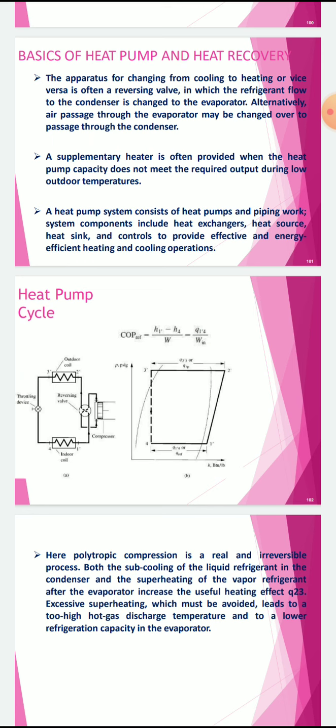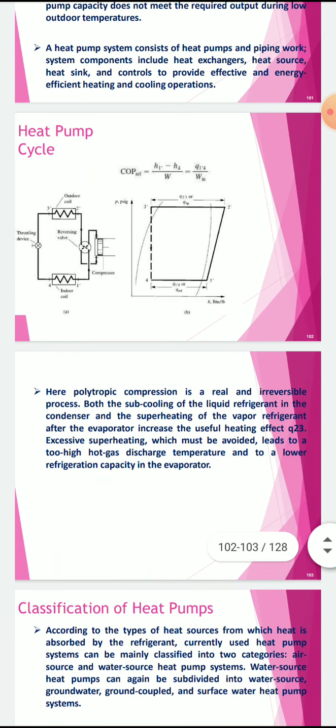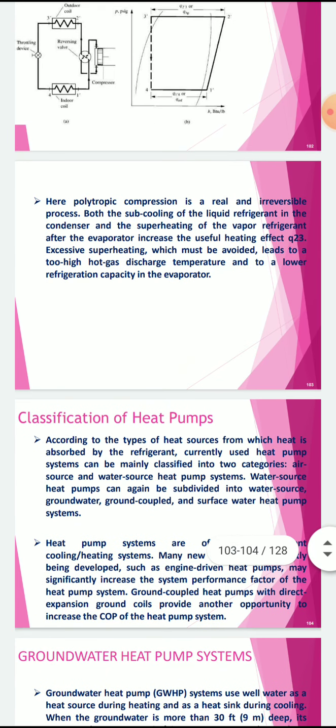That's why 1-2-3-4-1 is a cyclic process, where 3 to 4 is an isenthalpic irreversible process. Here polytropic compression is a real and irreversible process.